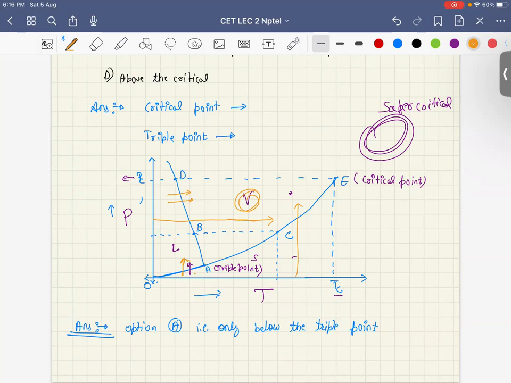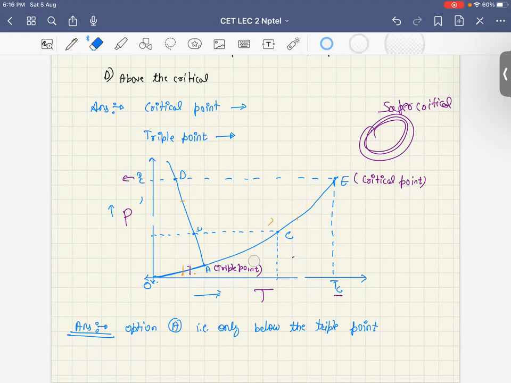Let us take a condition like point C. For that temperature, if you start raising temperature, we expect it to turn to the liquid phase. Yes, you are correct. So this was wrong. This has to be the vapor phase.